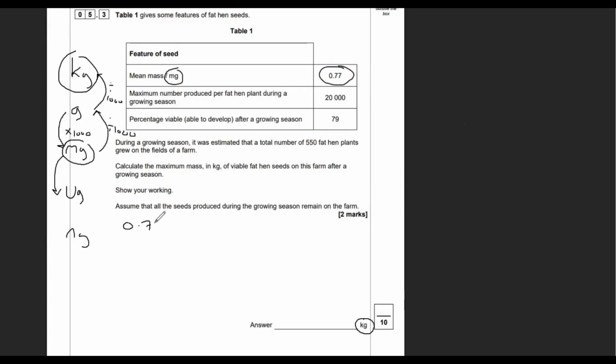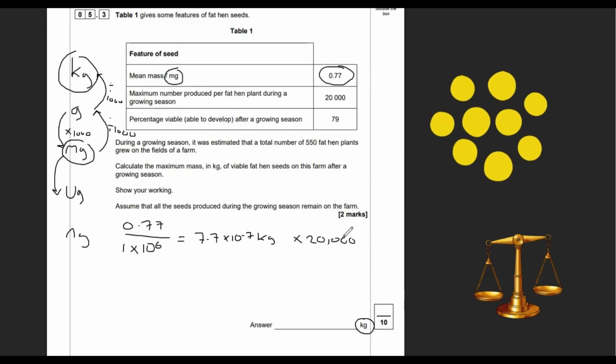So I'm going up from milligrams to grams, divide by 1,000, and then from grams to kilograms, divide by 1,000 again, or just say divide by a million, 1 times 10 to the 6. So 0.77 milligrams divided by 1 times 10 to the 6 means you have 7.7 times 10 to the minus 7 kilograms.